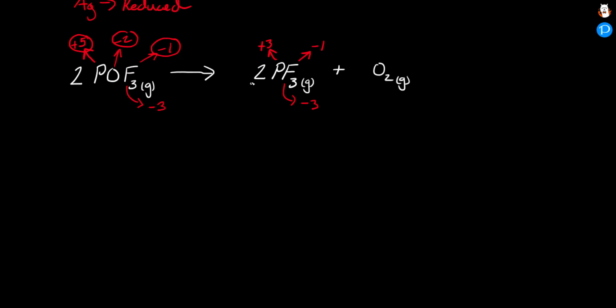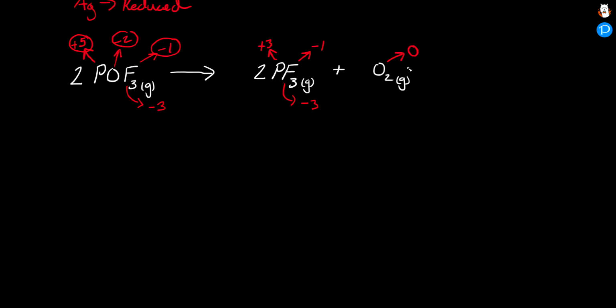And then the oxygen is in its elemental state all by itself, so it is 0. So if I look at the fluorine, it didn't change. It's going to be -1 on either side, so that's not being oxidized or reduced. But the oxygen went from -2 to 0. So it went from a negative charge, -2, to 0.